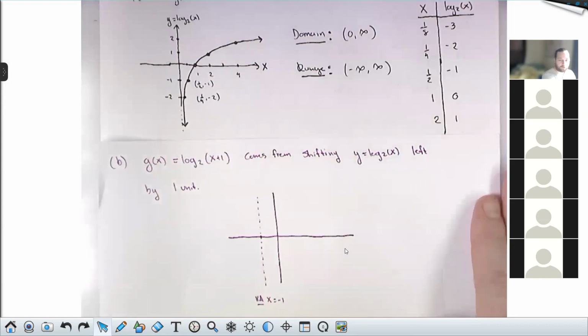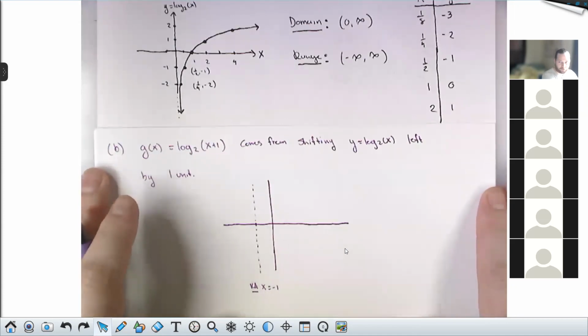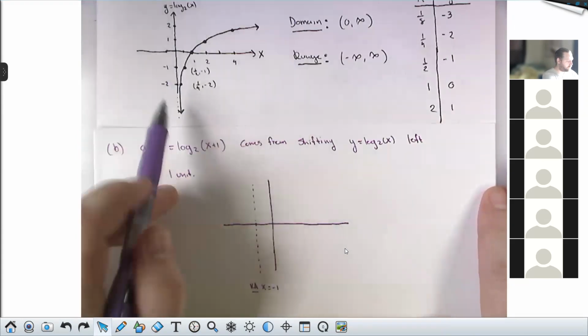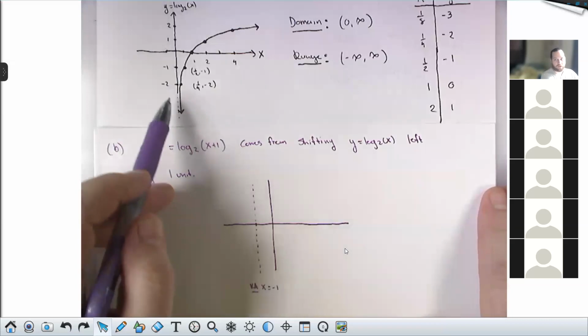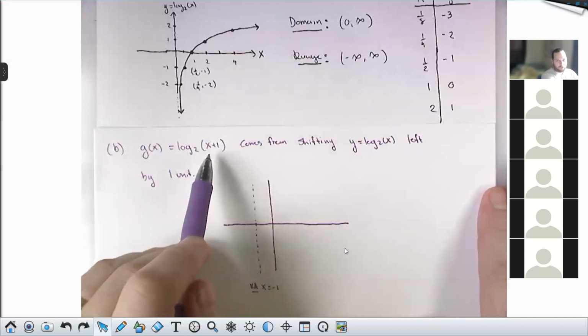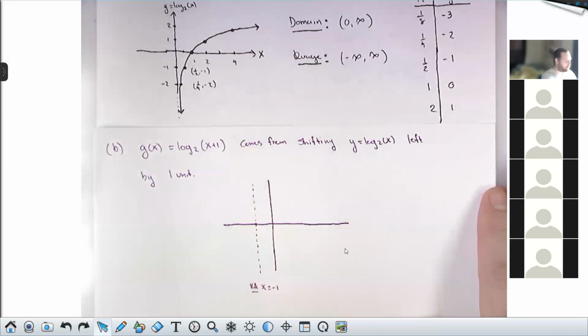You can always find vertical asymptotes of logarithms by setting the inside equal to 0. So the original has a vertical asymptote when x is equal to 0. It's because it's the log base 2 of x. This guy will have a vertical asymptote of x equals -1 because it's the log base 2 of x plus 1. So x plus 1 is equal to 0 when x is -1.